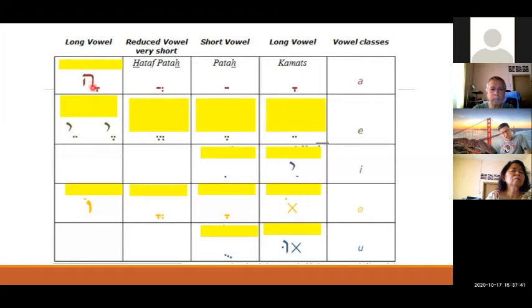It is part of the vowel system, and it is called the kamats hey. It is just a long A vowel. But remember, when you see the kamats and the hey after that, and the hey does not have any vowel attached to it, hey is part of the long A vowel, which is the kamats hey vowel.